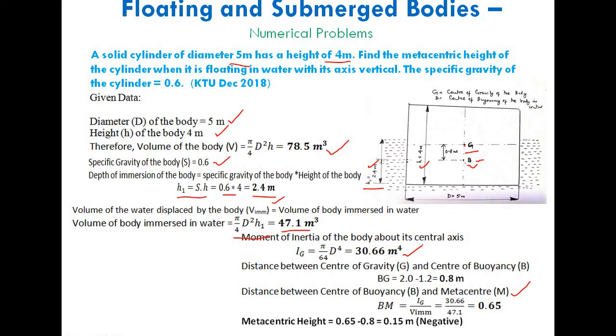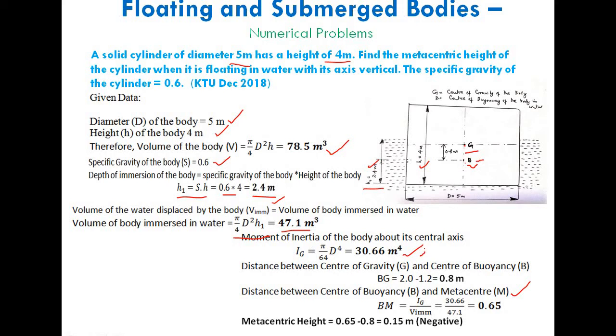It is the moment of inertia of the body through its central axis through the center of gravity. It is a cylindrical body, so you have to study the equation for estimating the moment of inertia of any body through its central axis. Since it is a cylindrical body, Ig equals pi by 64 into d raised to 4, that is 30.66 meter raised to 4. Okay.